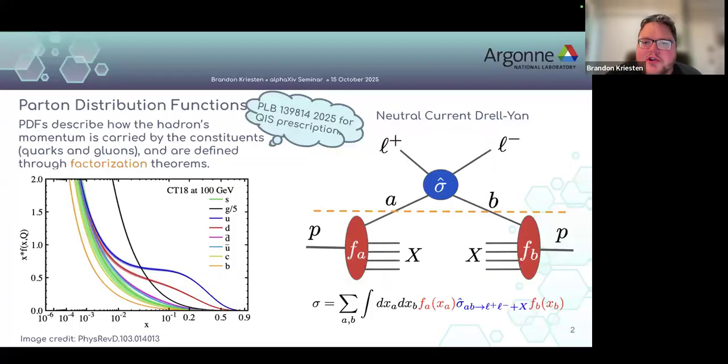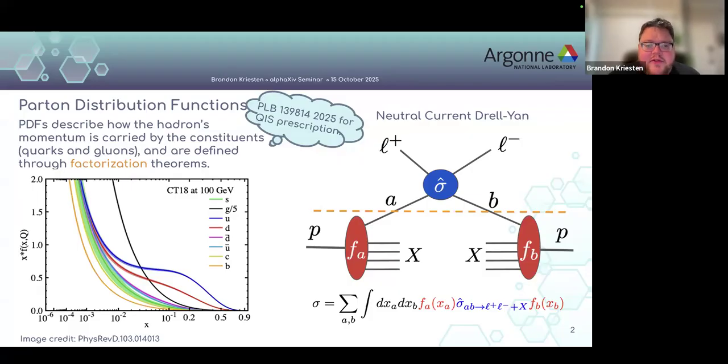So my research focuses a lot, or at least this talk will, around parton distribution functions. PDFs effectively describe how a hadron's momentum is carried by its constituents. In this case, I'm going to consider the constituents as the quark species and the gluons.